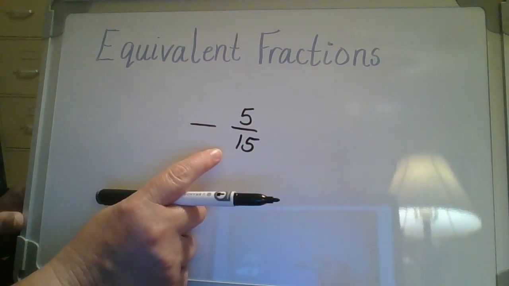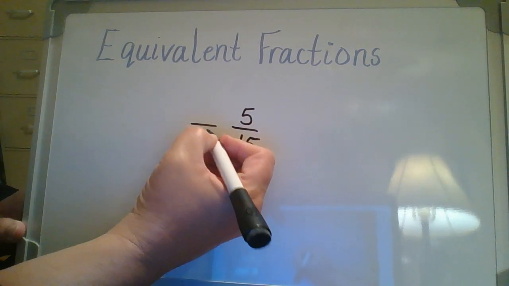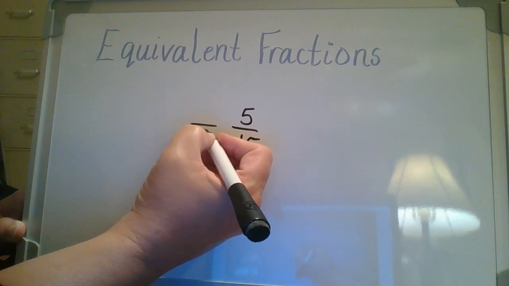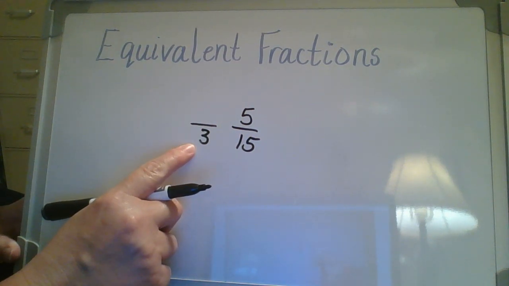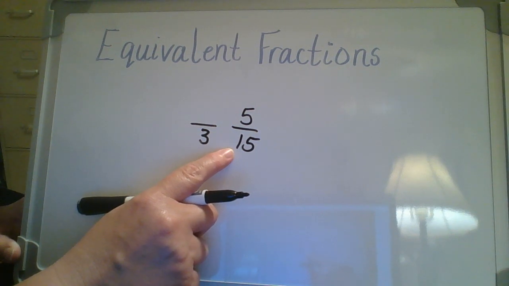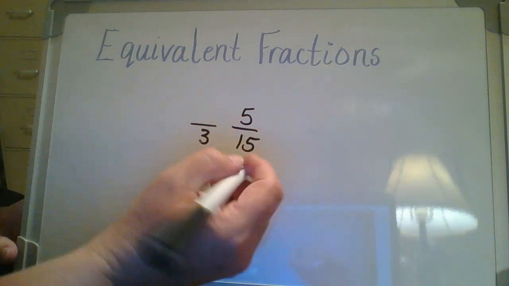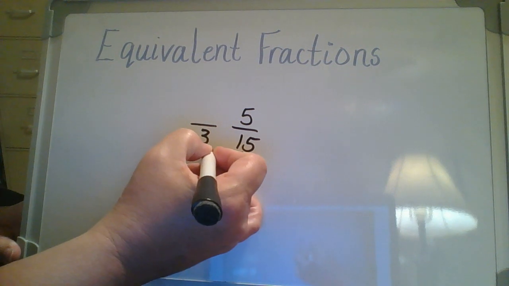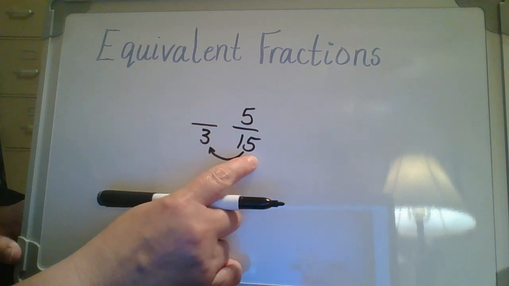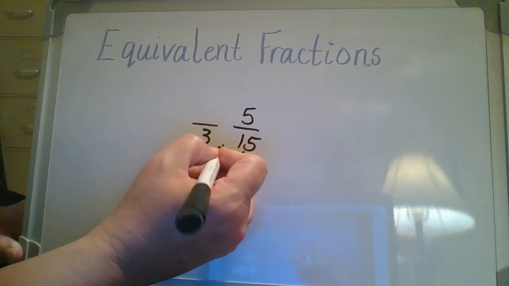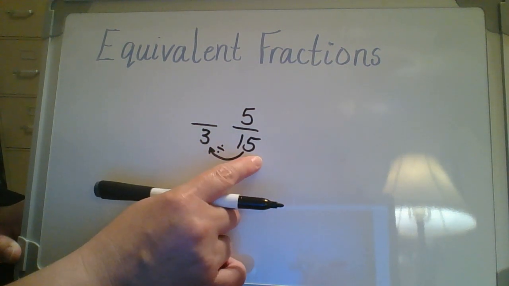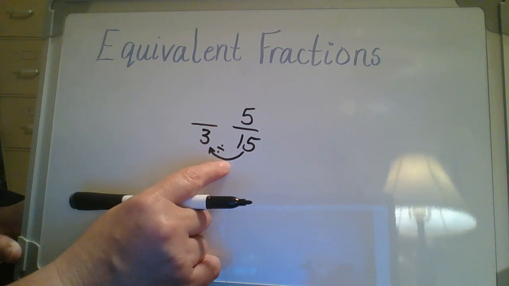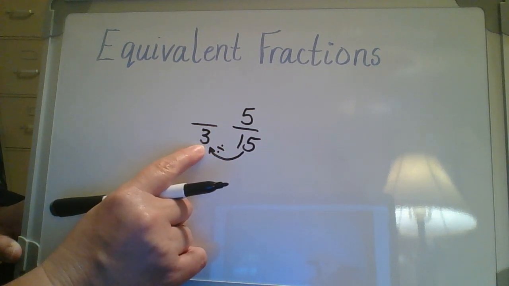Okay, so I have 5/15, and I want to know how many thirds it would take to be equivalent to 5/15. Well, we can go backwards. 15 divided by what will give you 3?